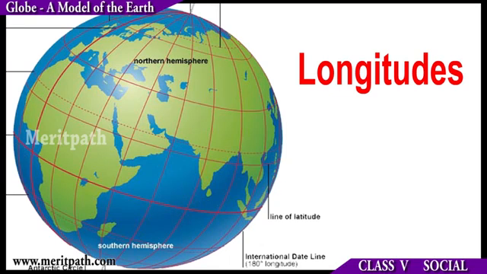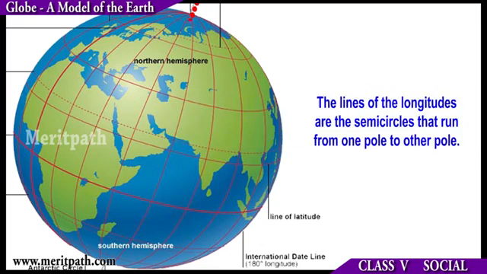Longitudes. The lines of the longitudes are the semicircles that run from one pole to other pole. They run in a true north-south direction.